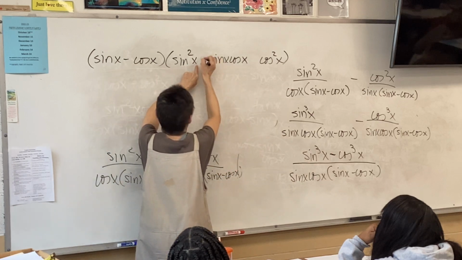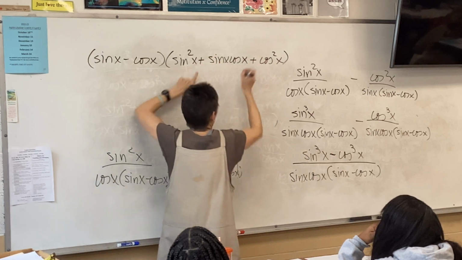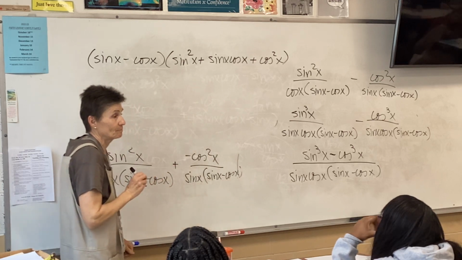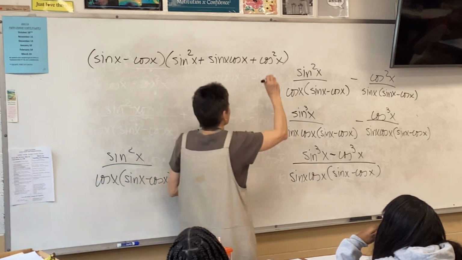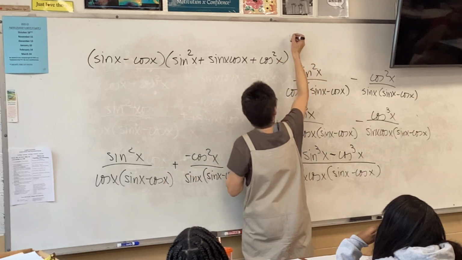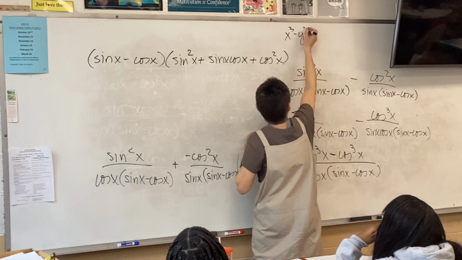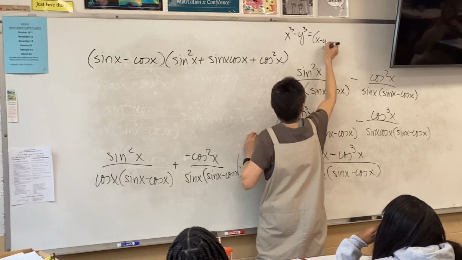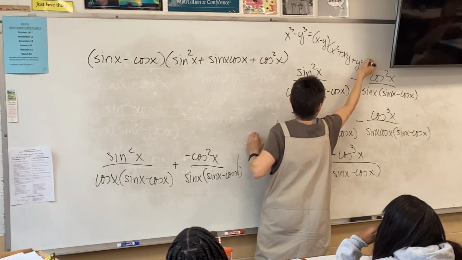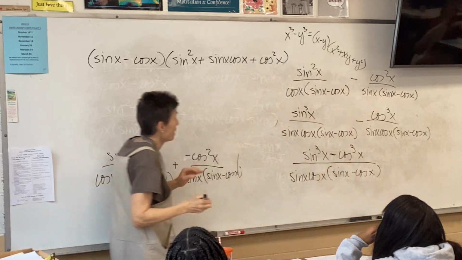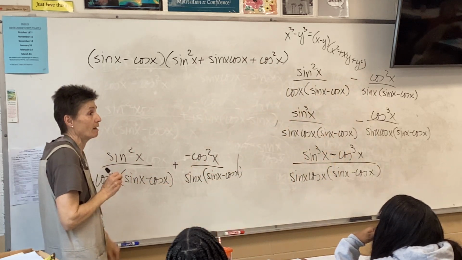This one is the opposite, and this one is always positive. In regular letters, x cubed minus y cubed is x minus y, x squared plus xy plus y squared. That's how we factor the sum, or the difference of cubes.